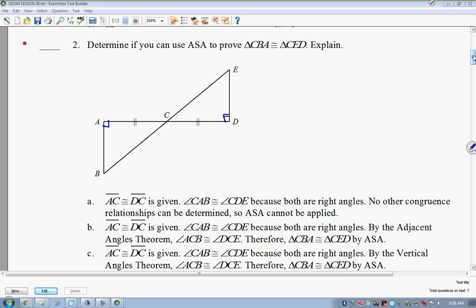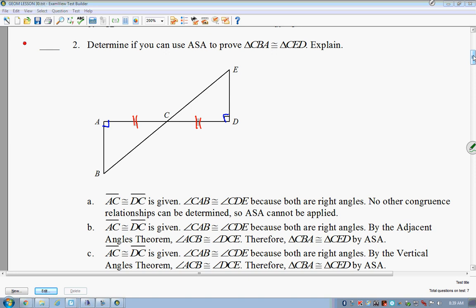Do we have a side? Okay, side what? No, not side AD. AC to what? DC. Okay, so we've got an angle and a side, which means I can't pick angle B and angle E, can I? Even if I knew they were congruent, it wouldn't be angle side angle. What angle does it have to be?